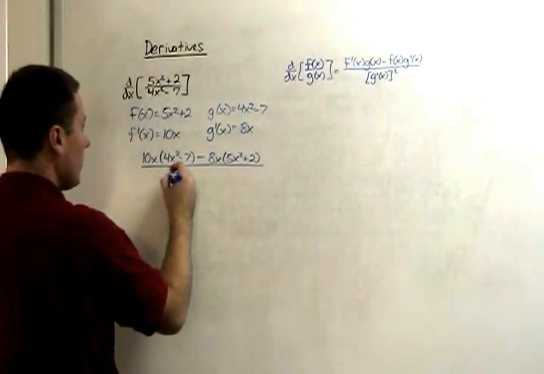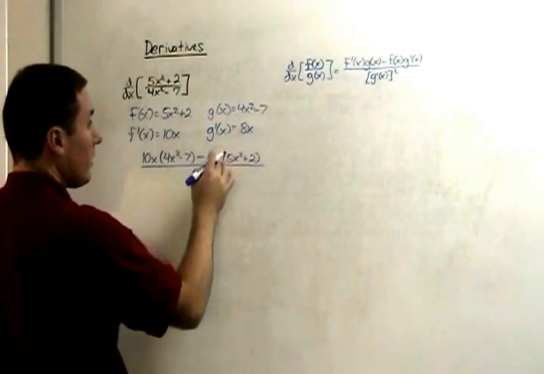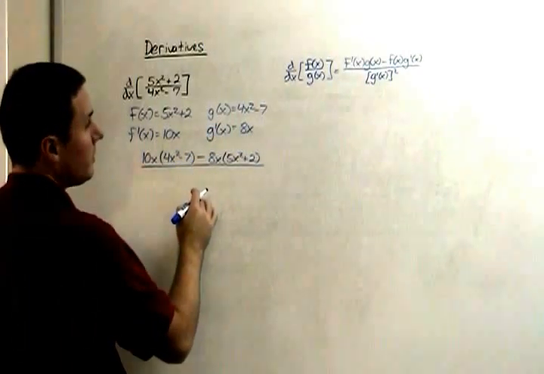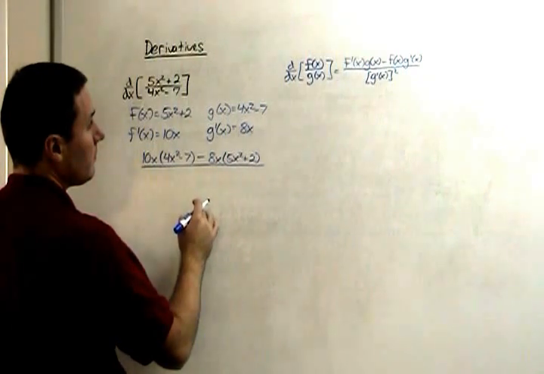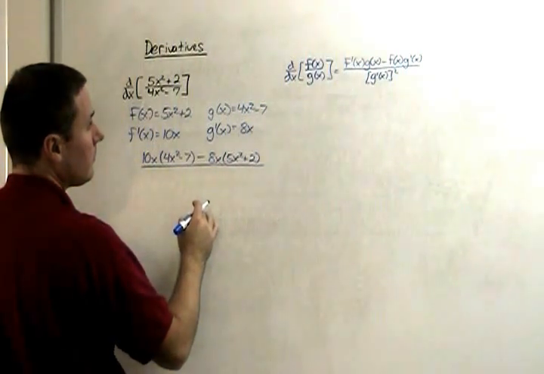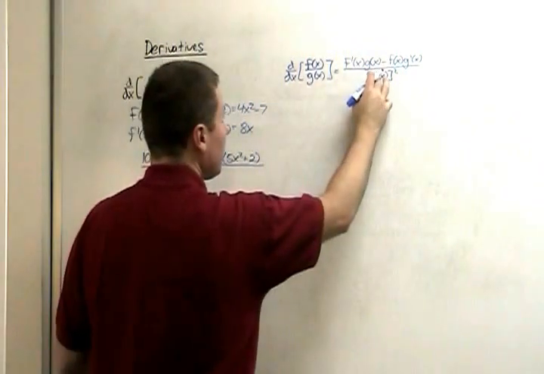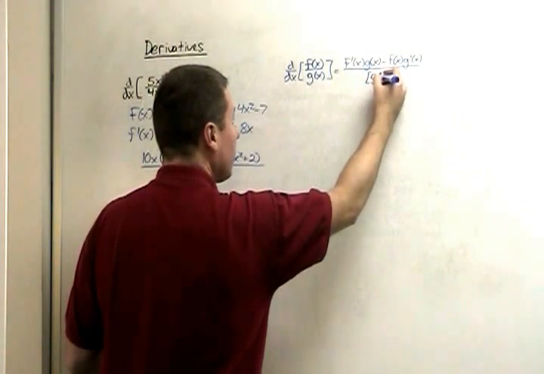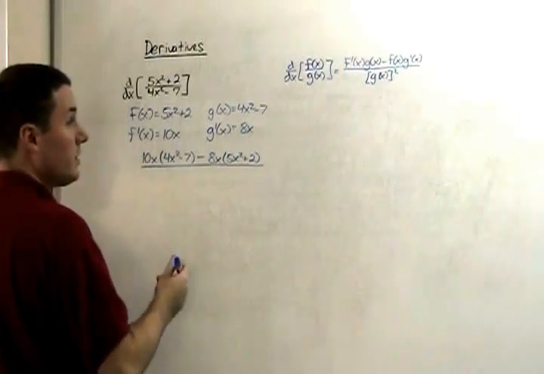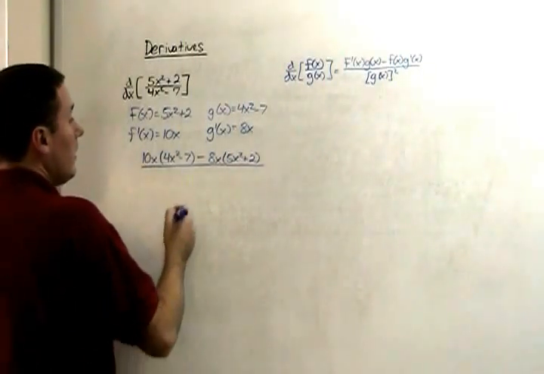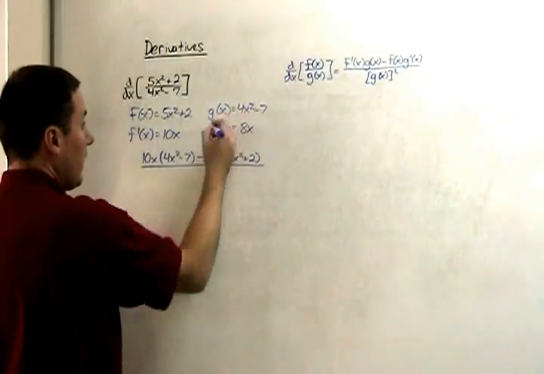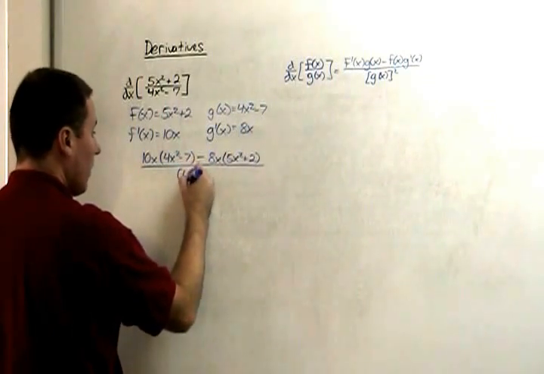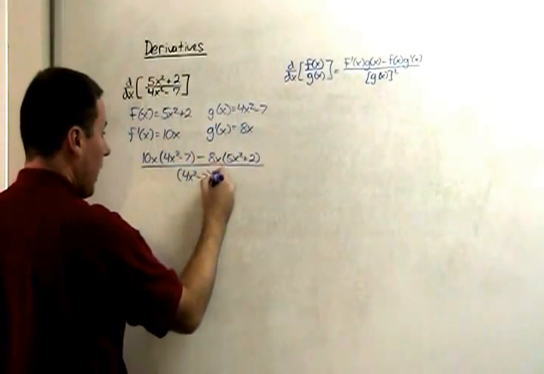All of that over g prime of x squared. Is it g of x squared? No, it's g of x squared. I'm sorry. You copied that down wrong, and I don't really feel like remaking the video. So it's just g of x squared. So you divide that by 4x squared minus 7 squared.